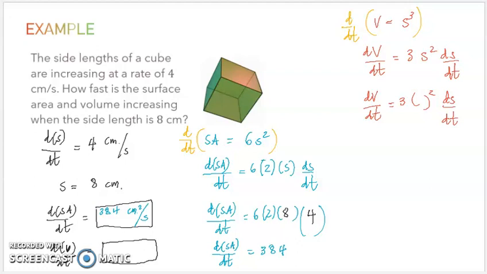The side is given as 8, and ds/dt is also given, it's 4. So we just multiply everything. So we have dV/dt is equal to 768. We're talking about volume here, so centimeters cubed per second.